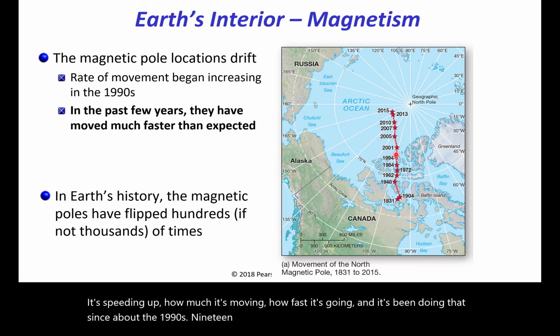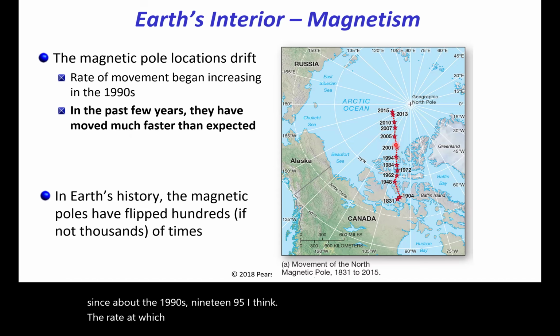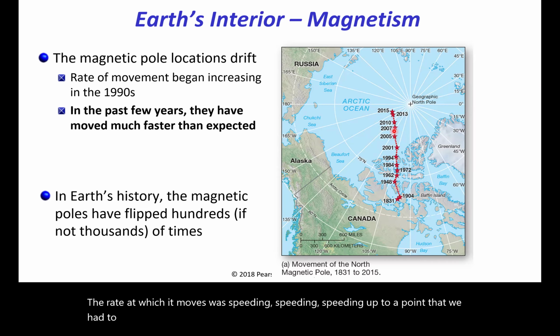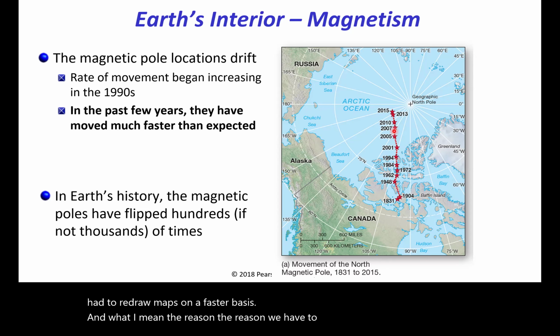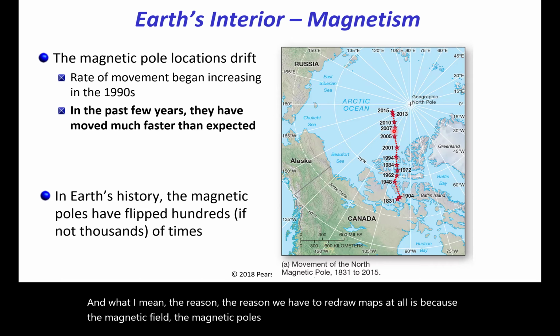The rate at which it moves was speeding up to a point that we had to redraw maps on a faster basis. And the reason we have to redraw maps at all is because the magnetic poles do move.